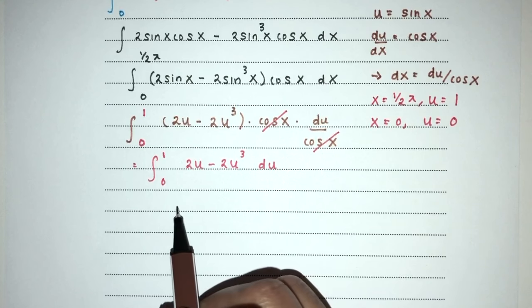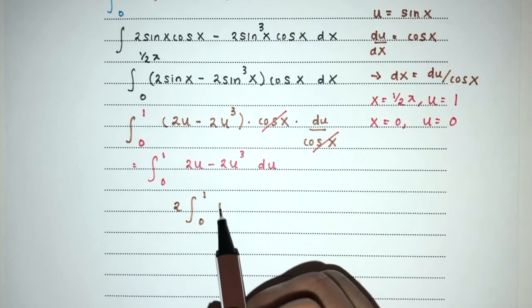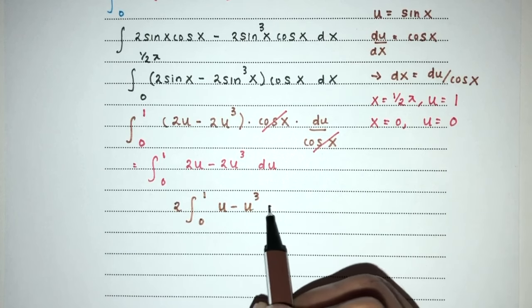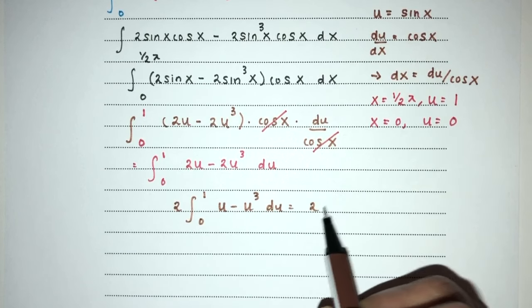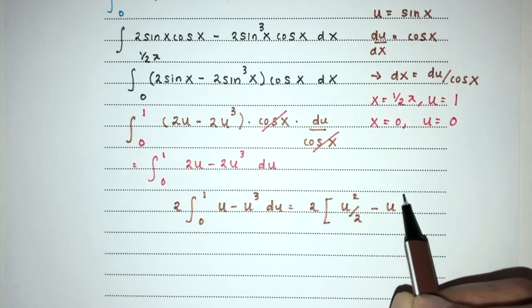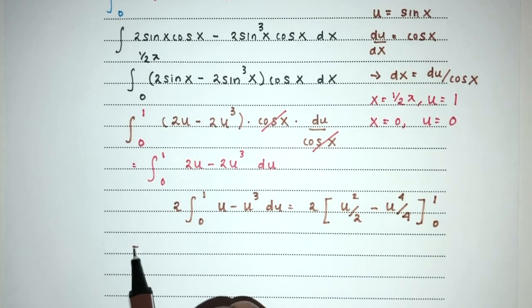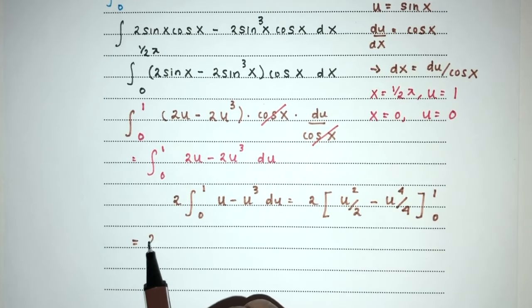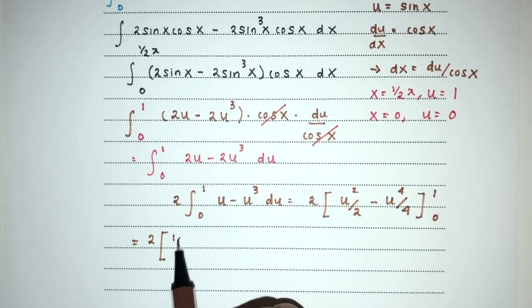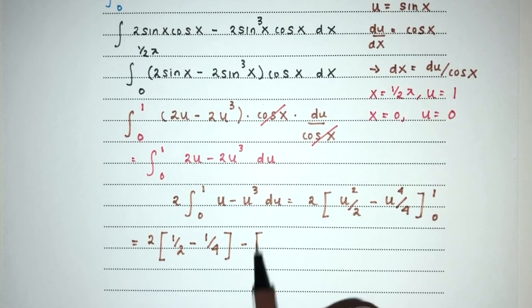So 2 is only a multiple. Take this outside. You will have the integral from 0 to 1 of u minus u cube du. That will be 2 times u squared over 2 minus u to the power 4 over 4, with limits 1 and 0. Now simplify. That will be 1 over 2 minus 1 over 4 minus 0.